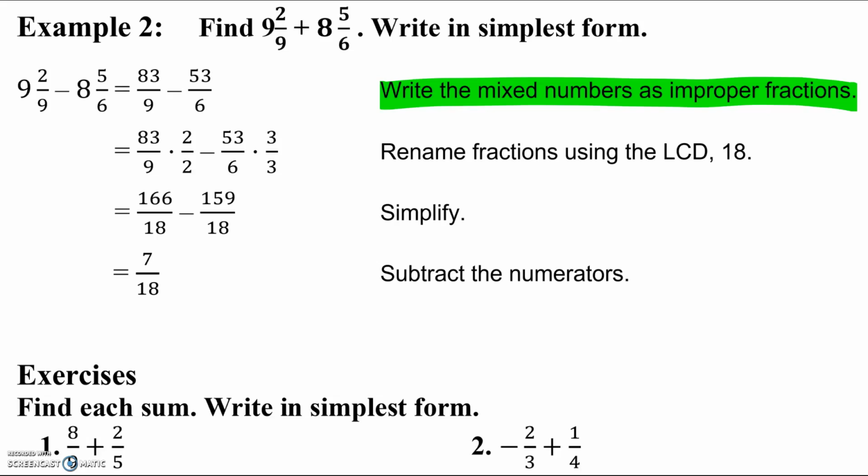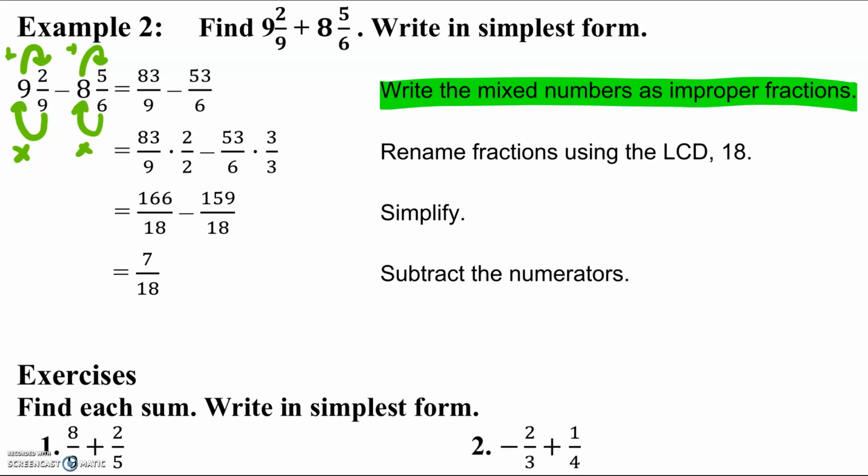So that's where we do this little loop thing, 9 times 9 plus 2, so 9 times 9 is 81, plus 2 gives us 83/9, and then we do the same thing for this one, so 6 times 8 is 48, plus 5 gives us 53, and then our denominators stay the same over 6.